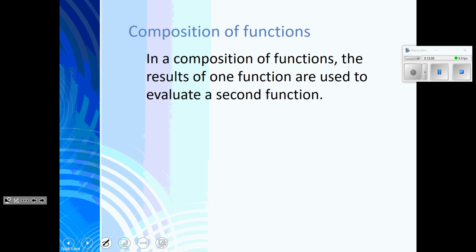There are two ways to write this, and I need you to be familiar with both. One way has a little circle there. This means composition. And to me, it looks like it says f o g. This means the composition of f at g. I prefer to write this as f at g at x.